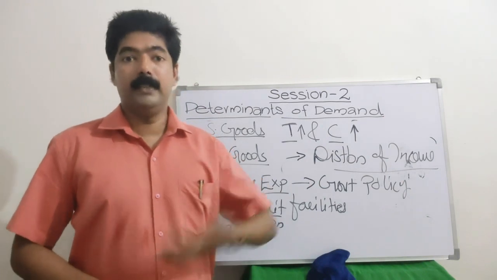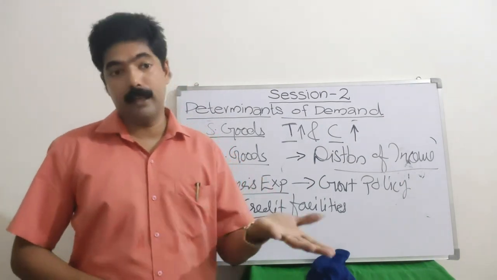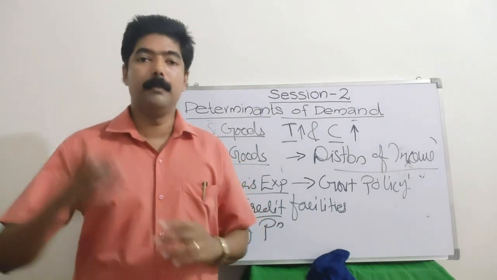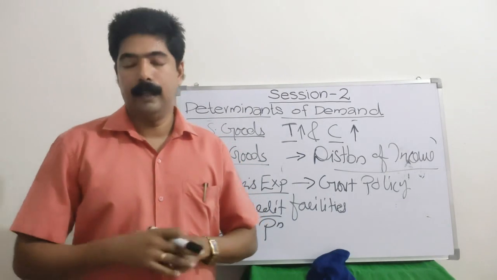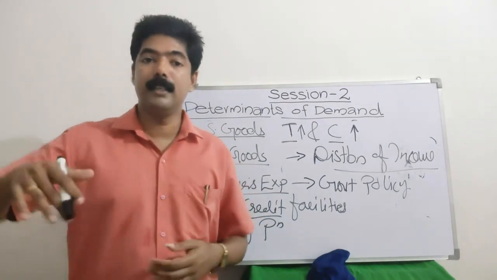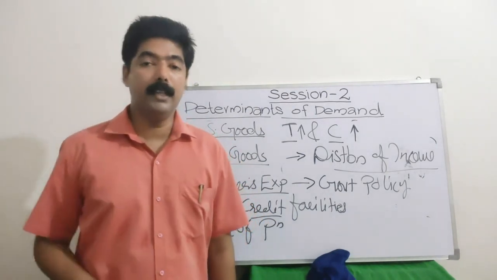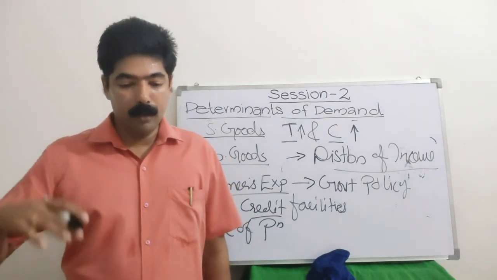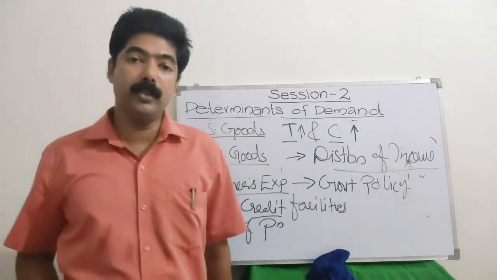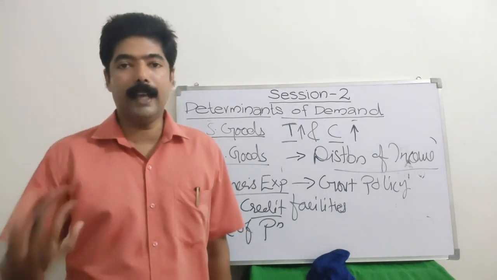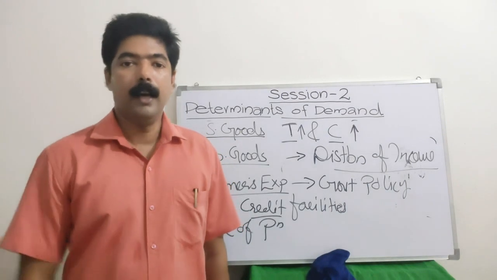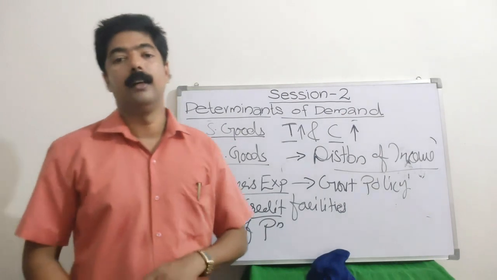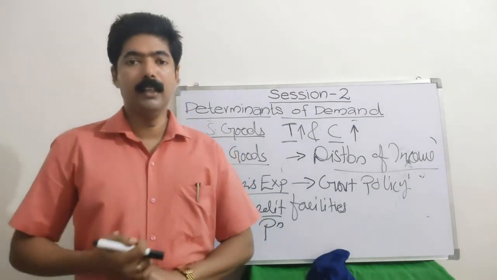If GST is more, or the tax we are supposed to pay is more, the purchasing power or the demand for that commodity will be less, because we are not ready to bear that much tax. So government policies work in various ways. The government can impose different types of duties, taxes, GSTs, etc., and those different rates may affect the demand for the commodity.